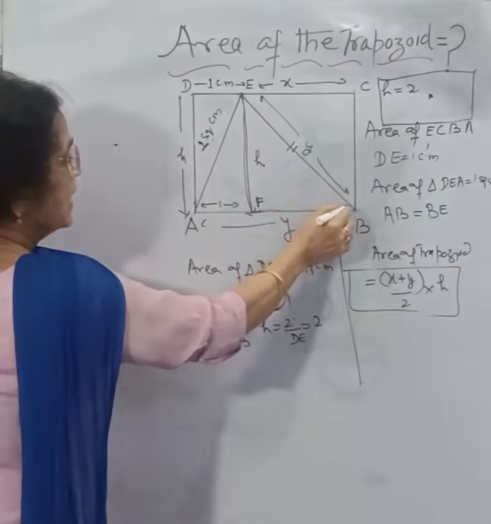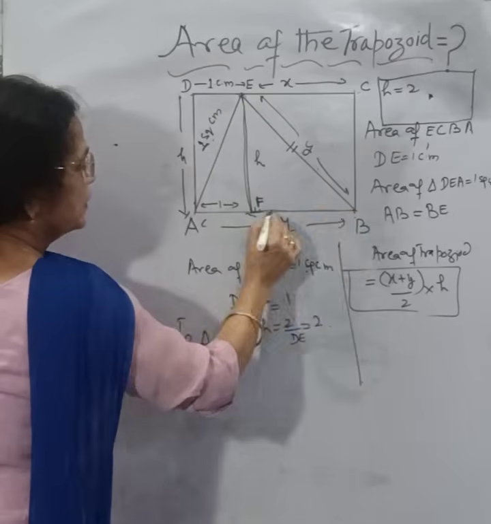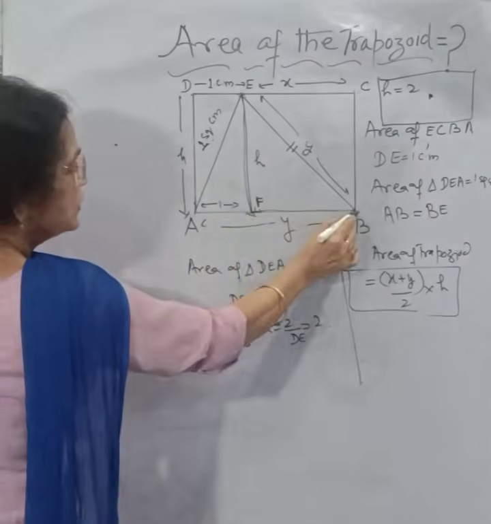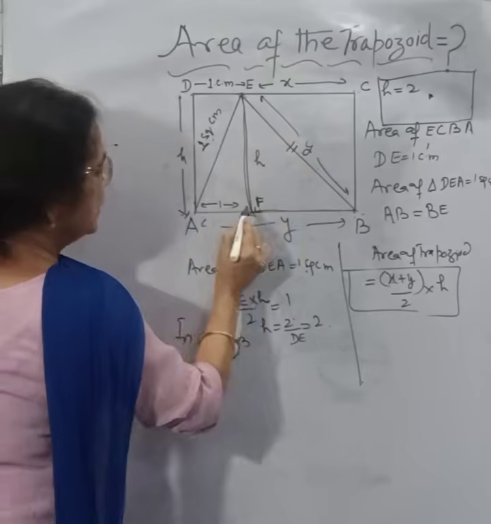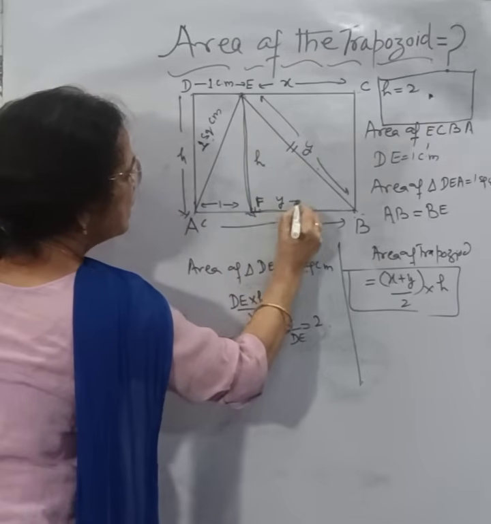This is the diagonal. Y square will be equal to H square plus FB square, and FB is equal to what? This is Y, because we were given AB is equal to BE. So this portion is 1. So FB will be equal to Y minus 1.